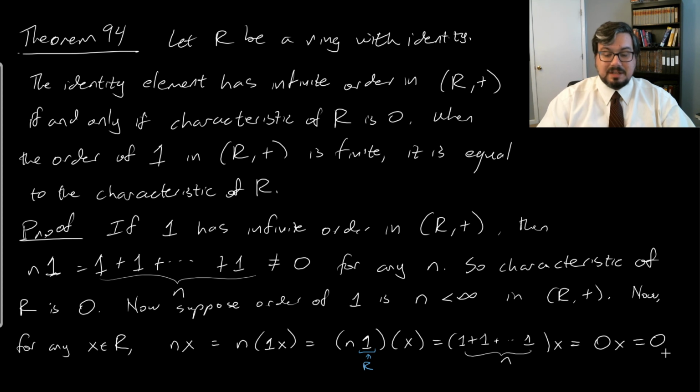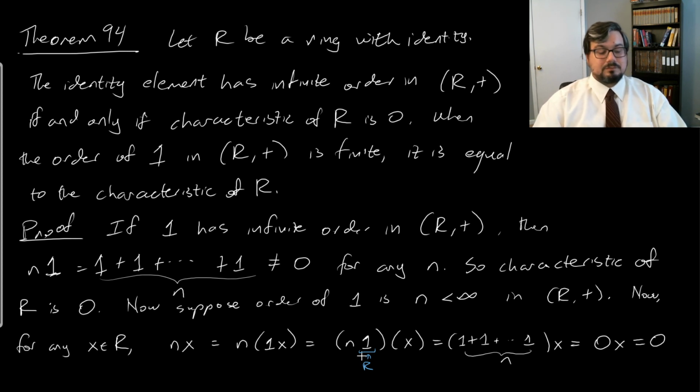So that's 0 times x, which is 0. So what we have is that if some integer multiplies the multiplicative identity 1 to give you 0, then it will multiply any element in your ring to give you 0.